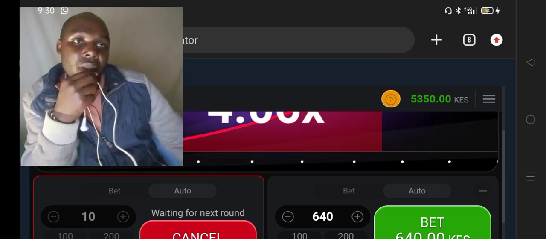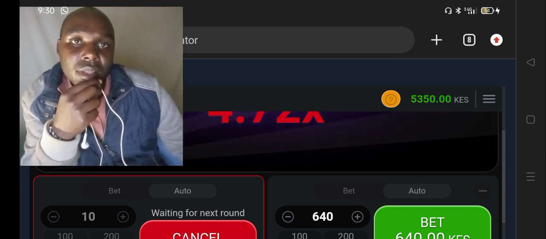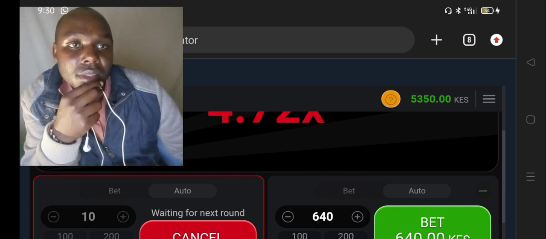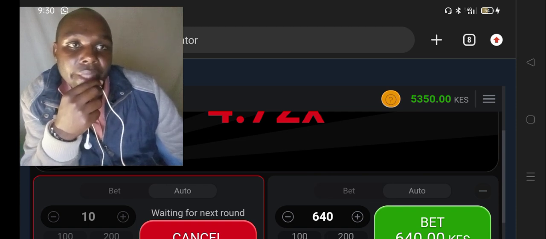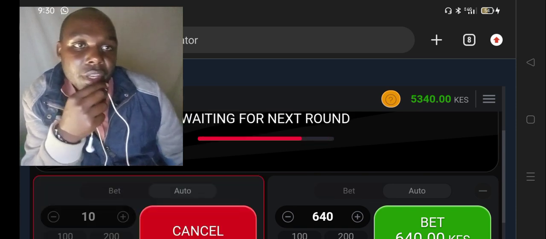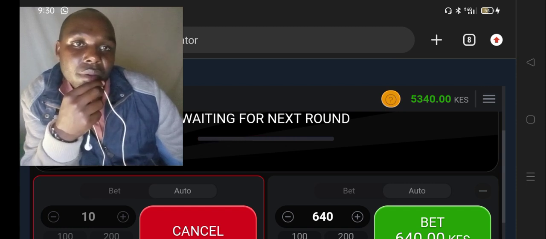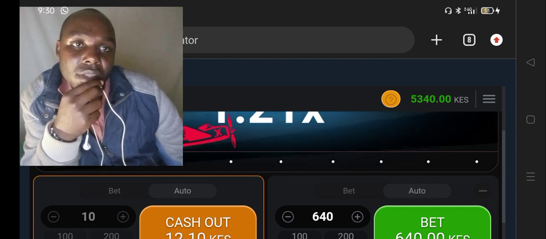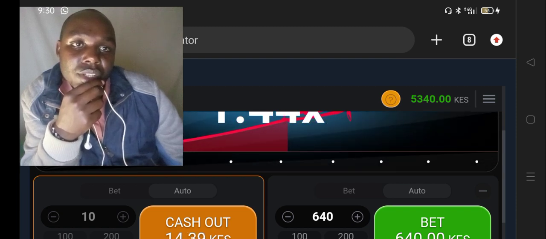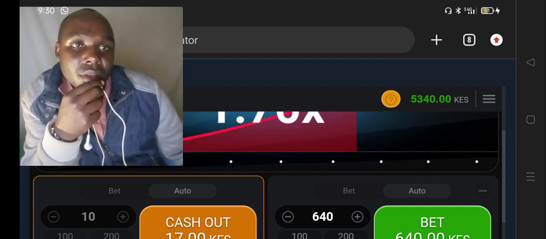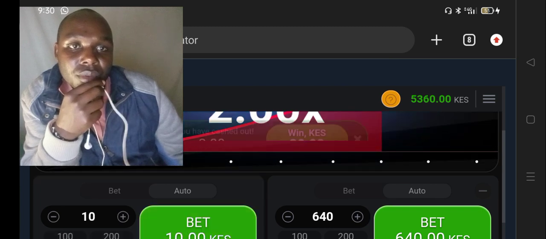We are already at 350. 30 minutes later we are at 350, meaning in 1 hour or 45 minutes we will be having our 500 shillings that we are working on.